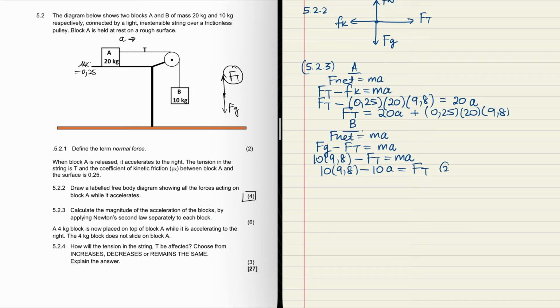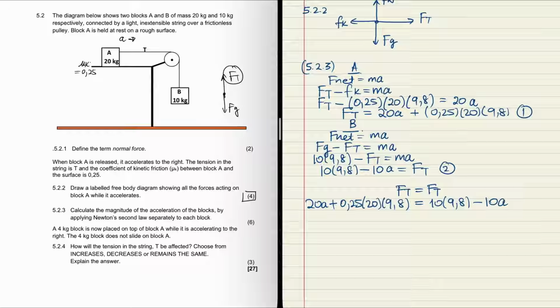Now that's going to be my equation 2, and this is going to be my equation 1. So Ft is equal to Ft. Then I'm going to say 20a plus 0,25 multiplied by 20 multiplied by 9,8 is equal to 10 times 9,8 minus 10a.